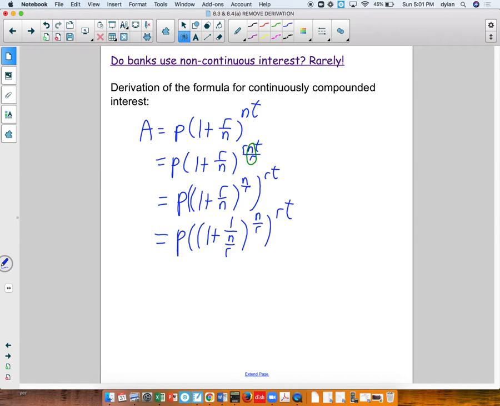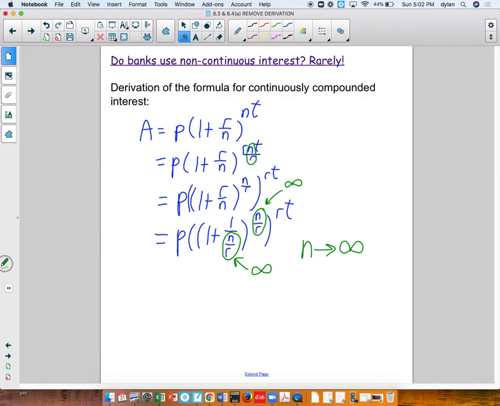Because now, if we were to make our n approach infinity, these two n over r terms, right here and right here, would both approach infinity.